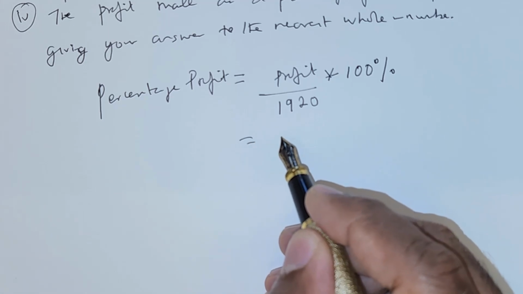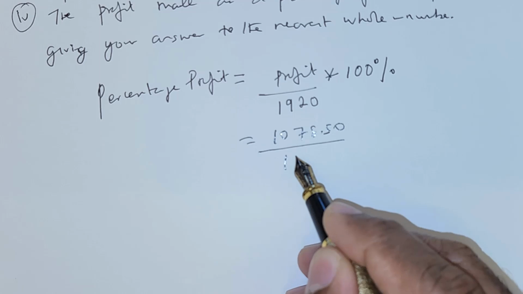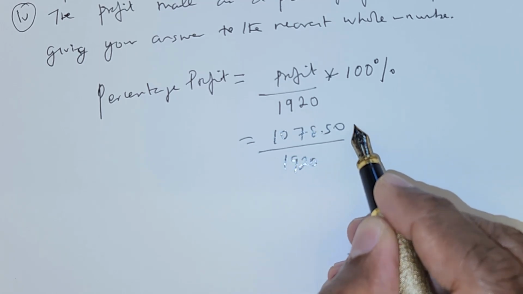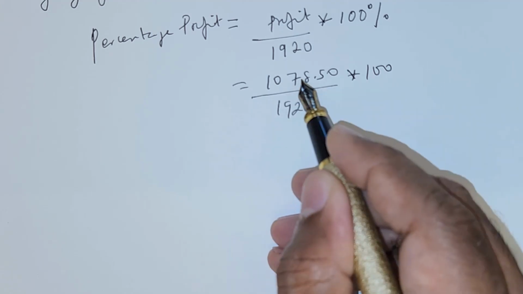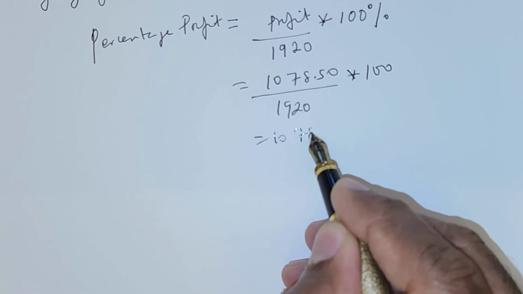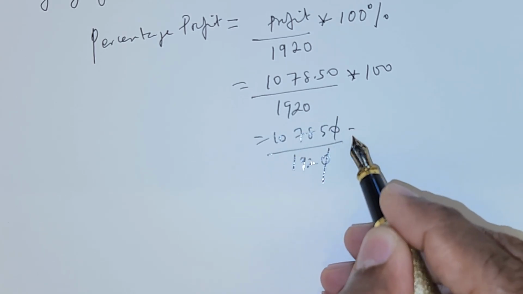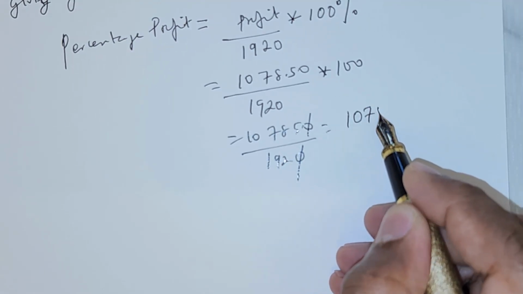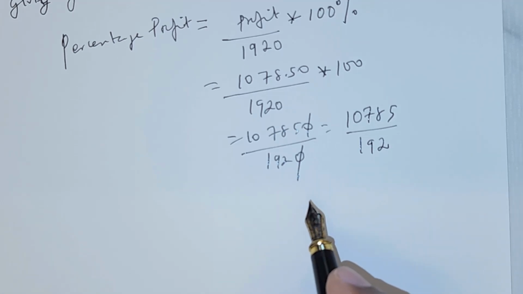So what is the profit she made? Is 1078.50 divided by 1920 multiplied with 100. So I multiply by 100, the decimal will shift two places, so you get 107850 divided by 1920. A 0 and a 0 gets cancelled, giving you 10785 divided by 192. Now you can divide.